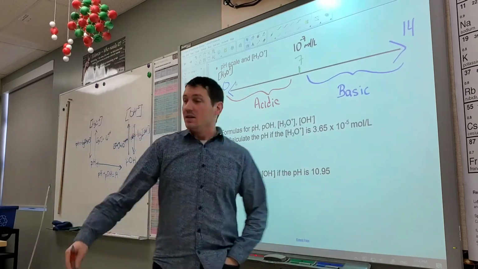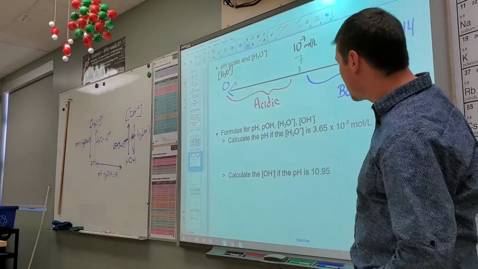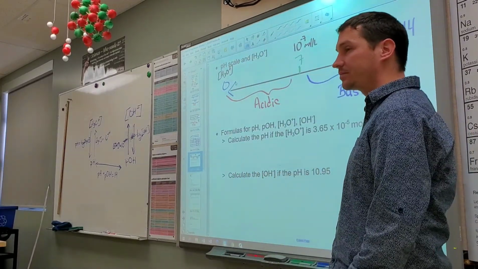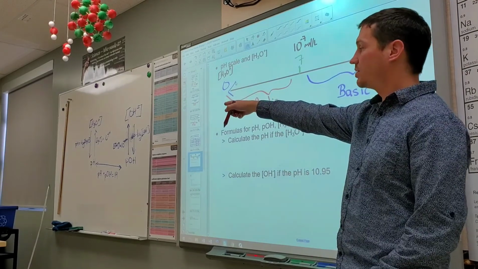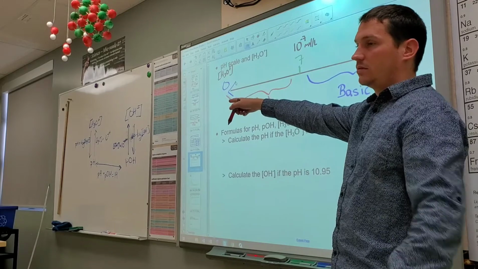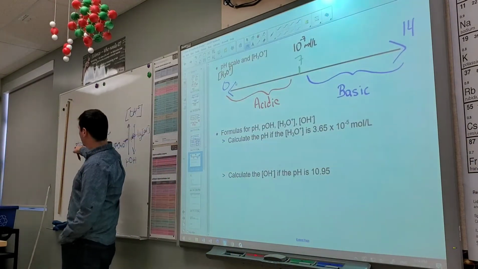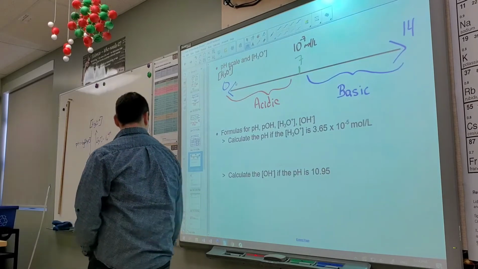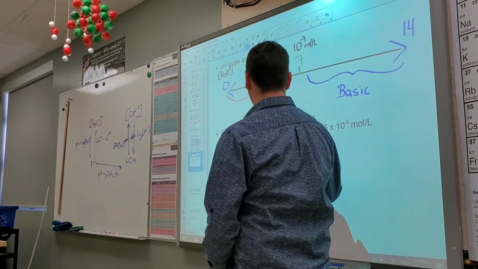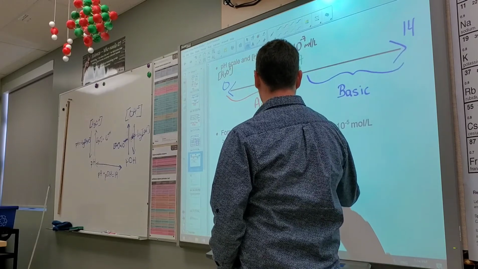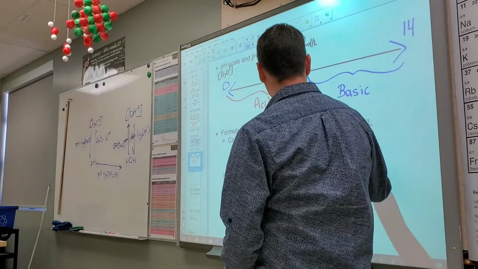Okay. So calculate the pH if the hydronium is 3.65 times 10 to the negative 5. How do you get pH out of anything? Negative log of hydronium. pH is negative log 3.65 times 10 to the negative 5 moles per liter.